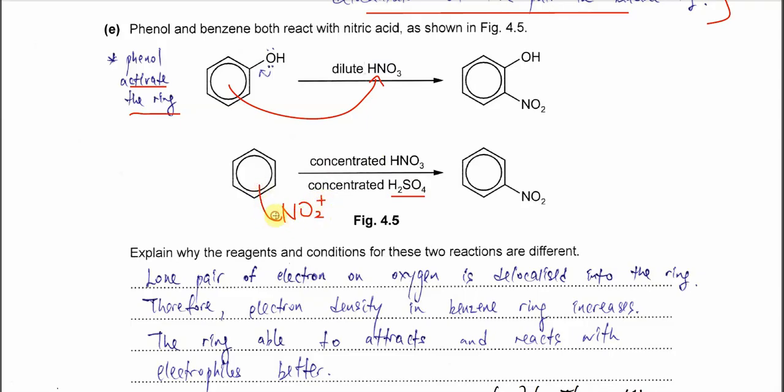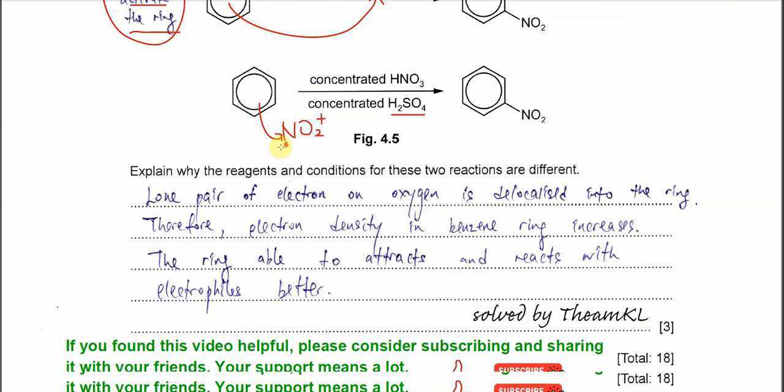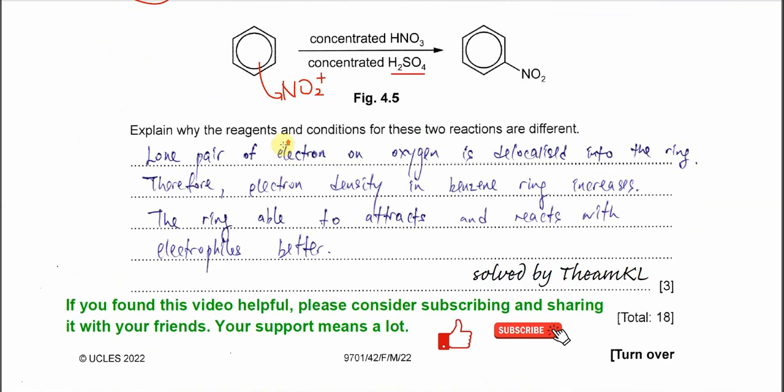Then it will react. So this one, phenol, no need to form the nitronium ion like this, so it will straight away react. That's the difference. So if you know the difference, then you can answer. It's most likely because the phenol activates the ring. So the answer is very easy.